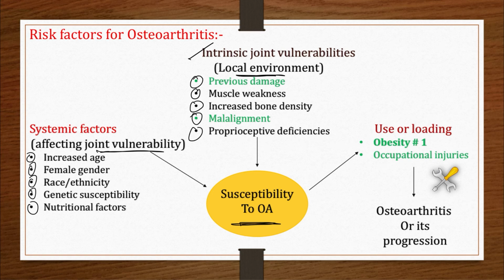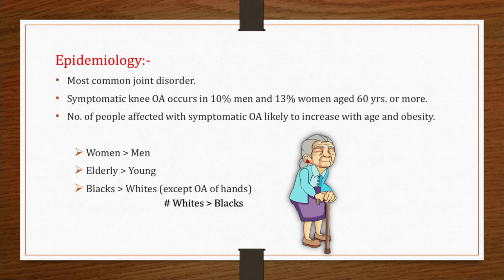If a patient has obesity and occupational injuries along with these two, then definitely this patient will develop osteoarthritis or its progression, right? Please take a note that the risk factors written in green, like previous damage, malalignment, obesity and occupational injuries, are the modifiable risk factors for osteoarthritis, and obesity is the number one major risk factor for osteoarthritis.